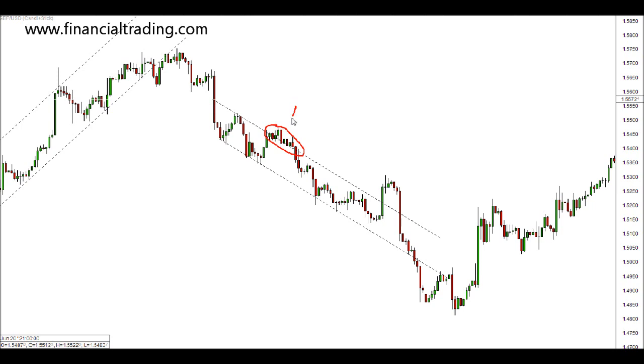And you'll notice the amount of engulfing candles and pin bars that appear on this resistance.